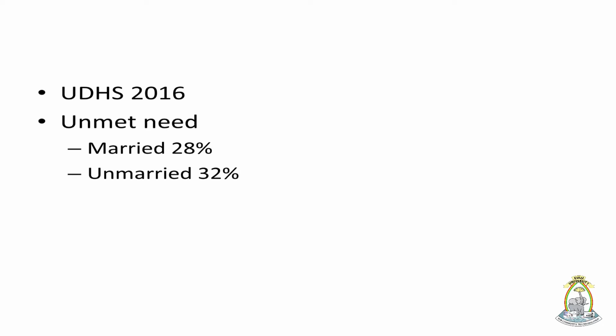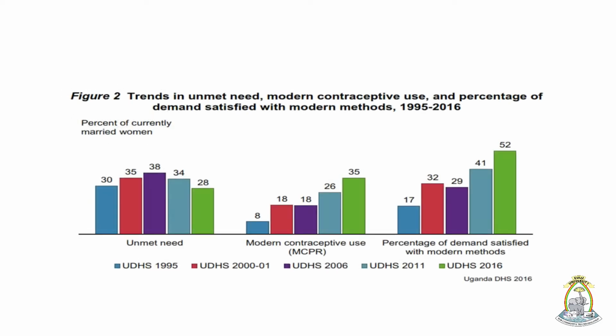If you look at the Uganda Demographic Health Survey again, 2016, it shows that the unmet need among married couples is 28% versus 32% among unmarried couples. That is still very high. Ideally, the unmet need should be very low, so that people who are not using a method should be a small fraction of the population.